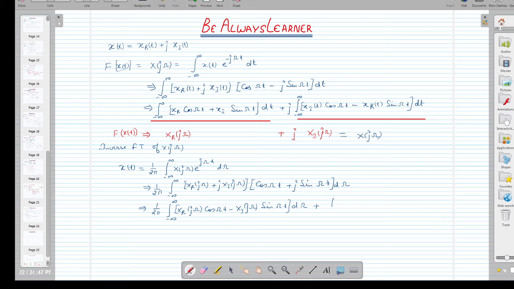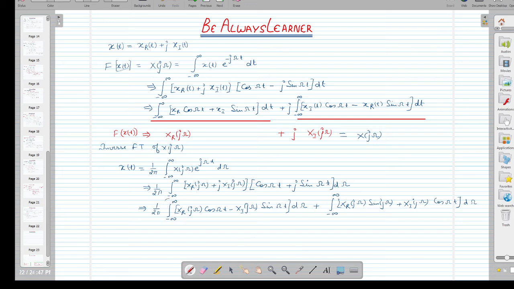plus integration from minus infinity to infinity X_r function of jω sine of ωt and plus X_i(jω) and cos of ωt, and we have to integrate with respect to ω.